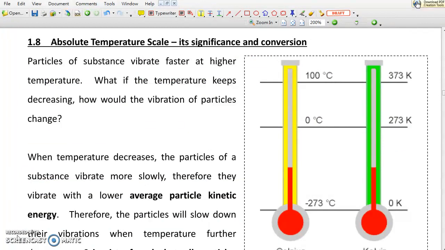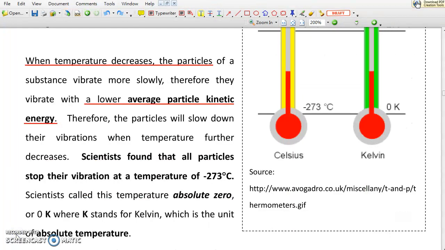1.8 Absolute temperature scale. Its significance and conversion. Now we know that when temperature increases, the average kinetic energy of particles increases. But what about when temperature decreases? Of course, the particles then move slower, and so the average particle kinetic energy decreases. So what if the temperature further decreases?